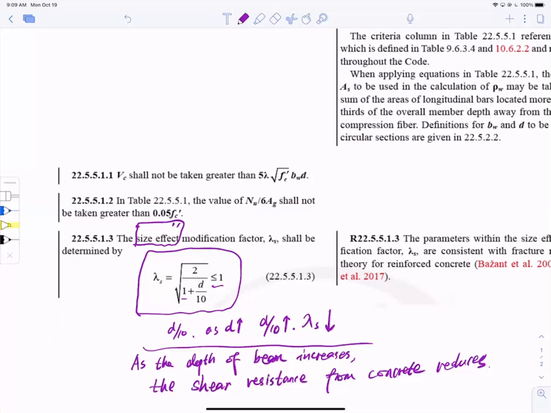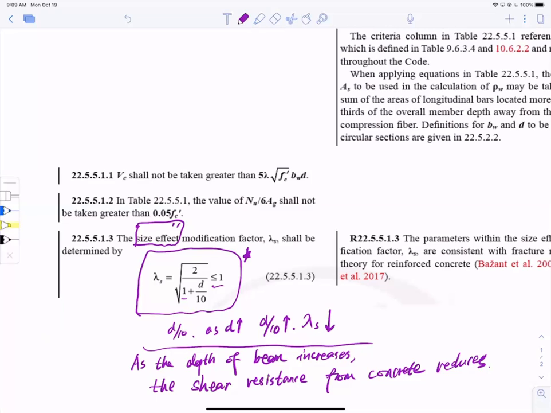So this is the critical change. That means when you have a deeper beam, your strength reduction factor increases and your concrete strength reduces. This is one critical difference.